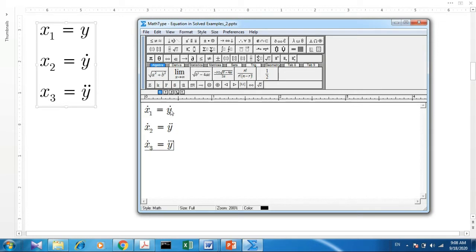So x1 dot equals y dot, which equals x2, and x2 dot equals y double dot, which equals x3.